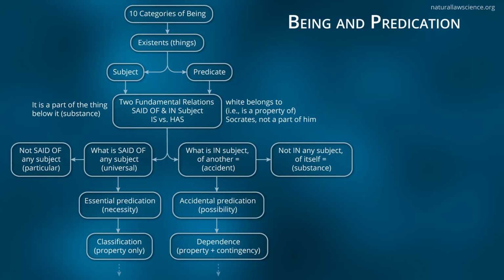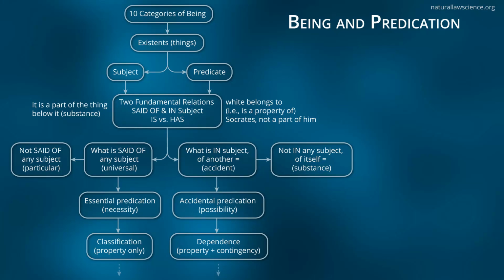Something has something as part of it, not that it is that thing. A man is an animal, but a man doesn't have the animal. A man can have light skin. A man can have dark skin. These are accidental attributes.